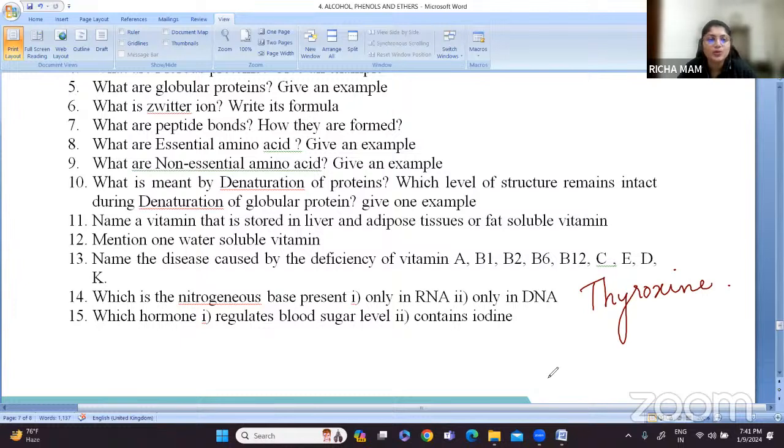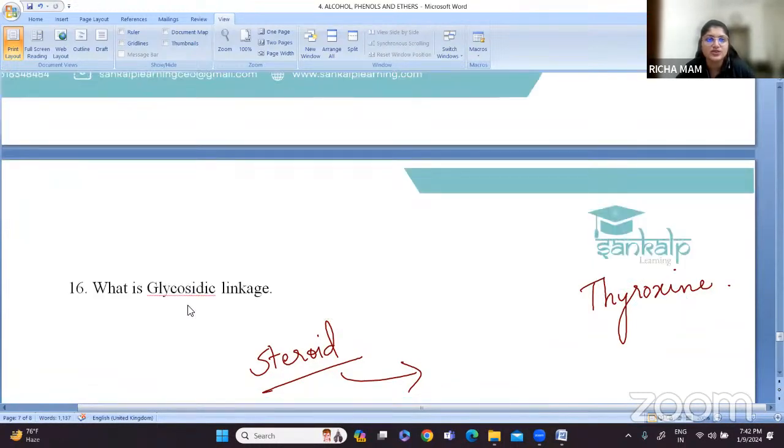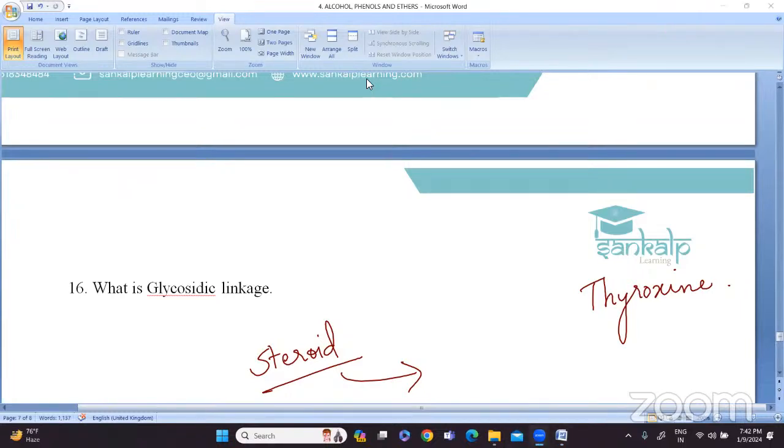Then steroid hormones. Which are the steroid hormones? The steroid hormones are estrogens and androgens. Then which are the polypeptide hormones?